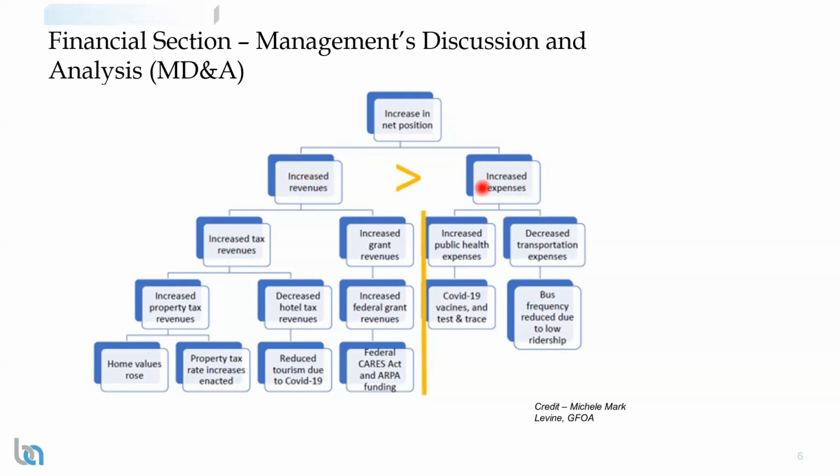Within that, you can then further break it down into types of revenues or types of expenses or departments. Then you can look further into different subcategories, which will help you build that analysis and have something meaningful. Of course, you also want to use materiality here, where you don't discuss every single dollar that went up or down.